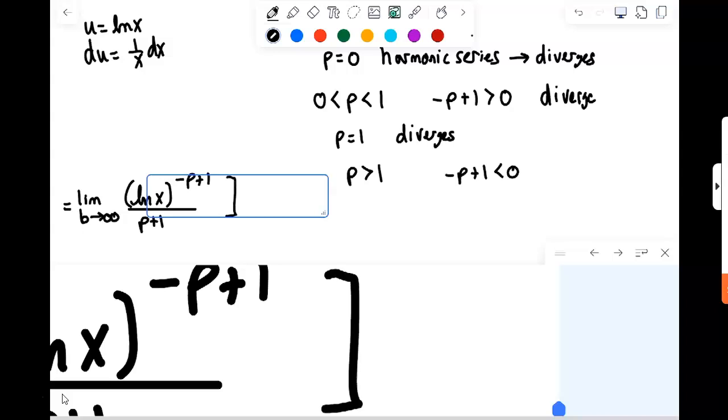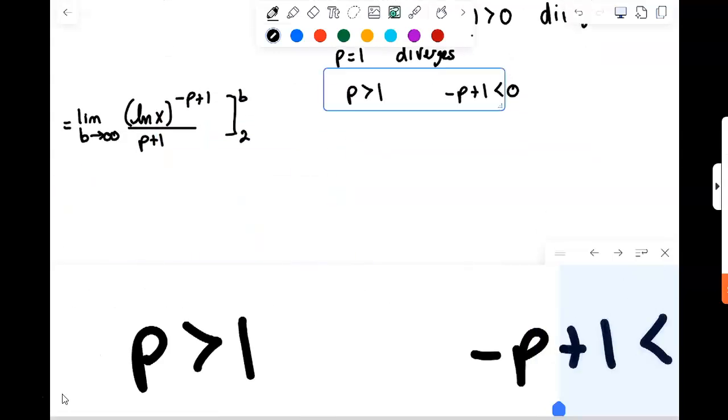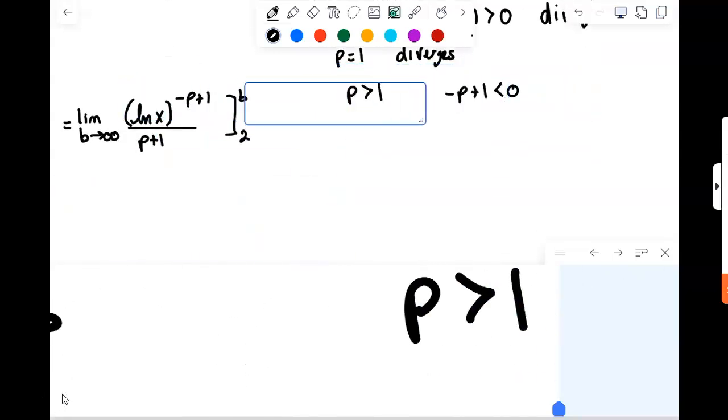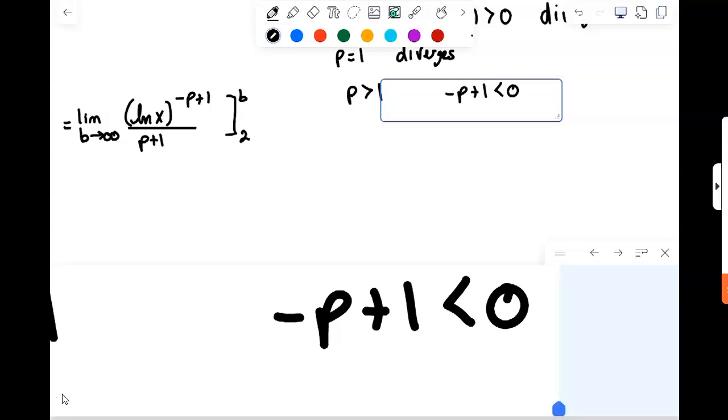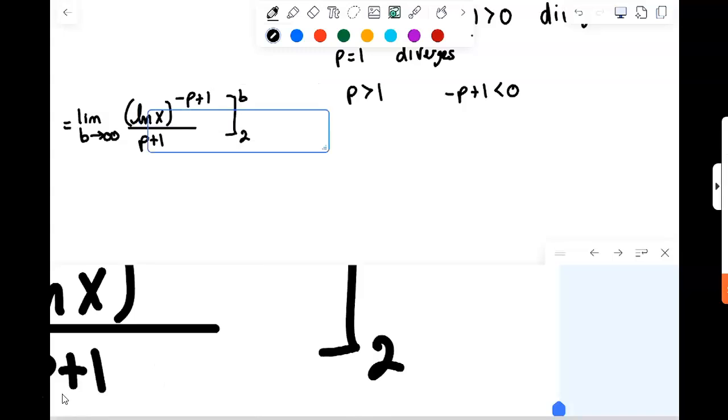That's all evaluated between 2 and b. And so when p is greater than 1, p minus 1 will be greater than 0. So that means we drop the negative sign and move it to the bottom.